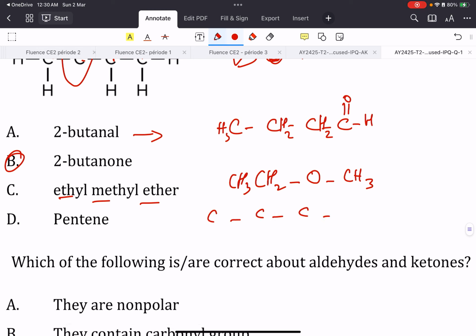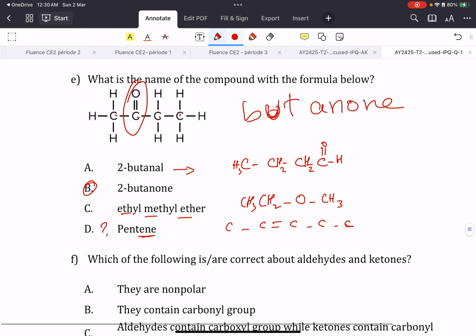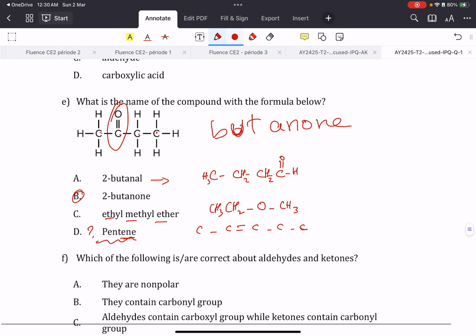Pentene is just 5 carbons, 1, 2, 3, 4, 5, but they did not tell me where the double bond is. It could be on the first or it could be on the second. Anyway, I'm telling you again, this is a multiple choice question. They can give me correct choices, real compounds, or compounds named in a wrong way. So you should not answer D. D is a wrong choice.